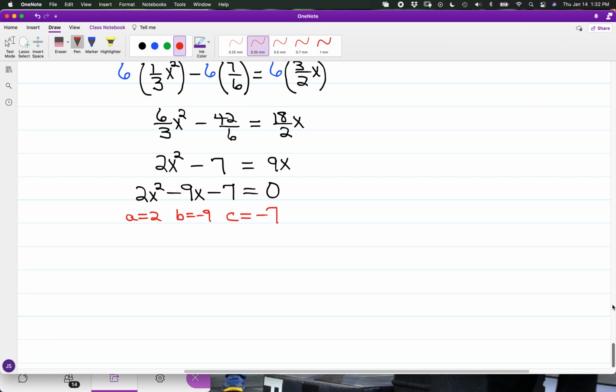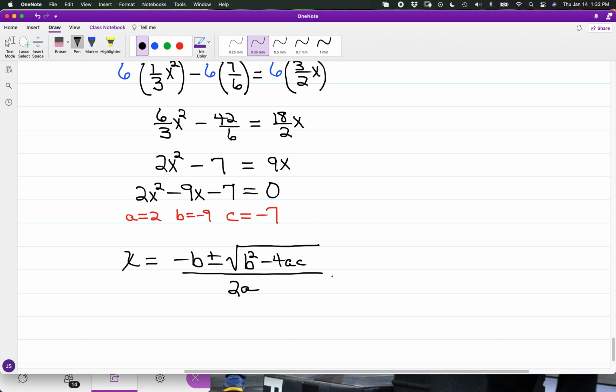So if we go with the quadratic formula this time around, now solving for the variable x, we have a at 2, b at negative 9, c at negative 7. So we have a direct substitution.